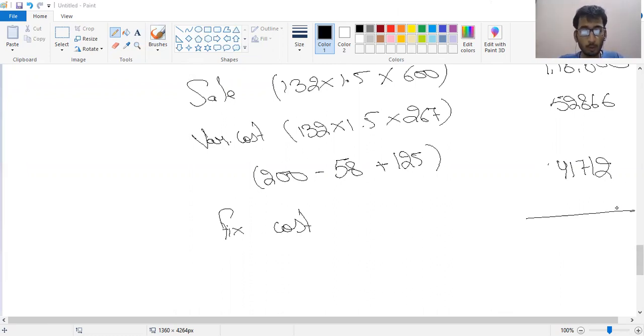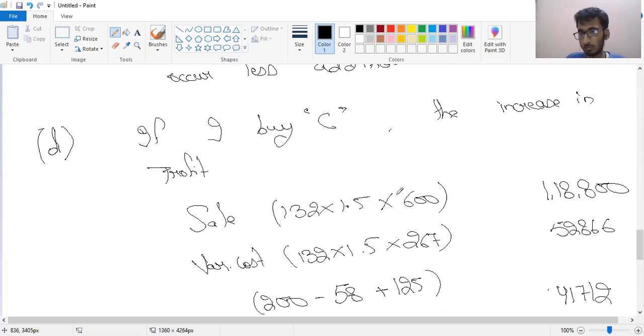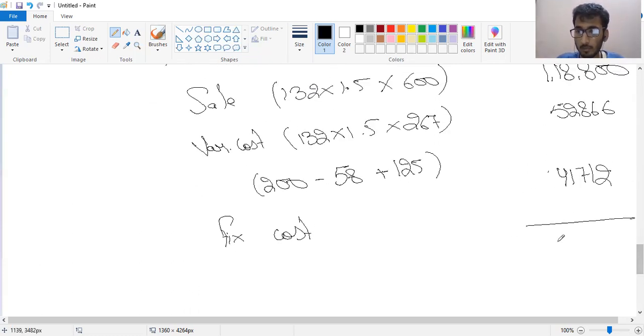So compute the profit. It would be 24222. It is my profit under the new situation.